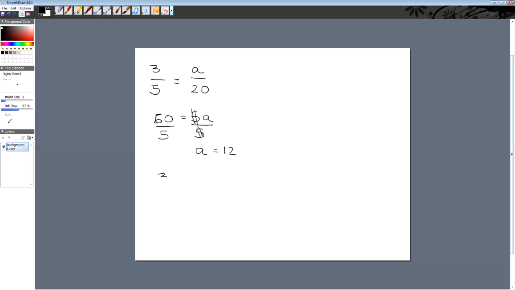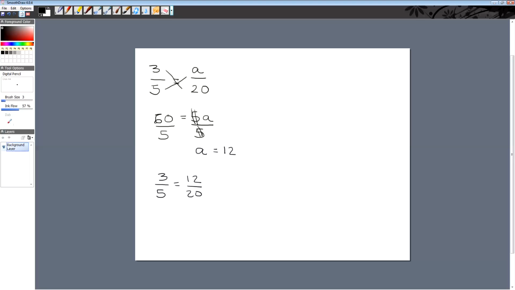So back in the original equation, 3 divided by 5 equals 12 over 20. So the solution here is A, and that's because of the cross product. We did a cross product.